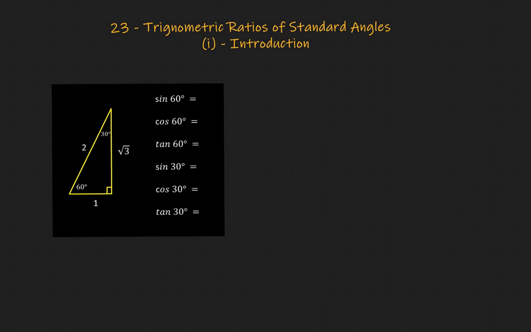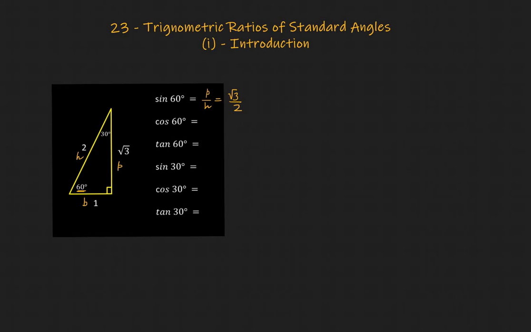To do this, we can first mark our angles. For 60 degrees, the perpendicular would be here, the base would be this one, and the hypotenuse would be this. So sine 60 would be, we can use a mnemonic: sine is perpendicular by hypotenuse, so P by H, which is root 3 by 2.